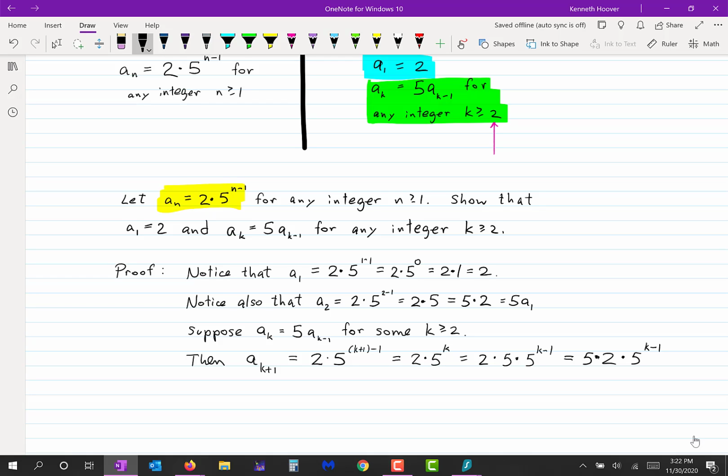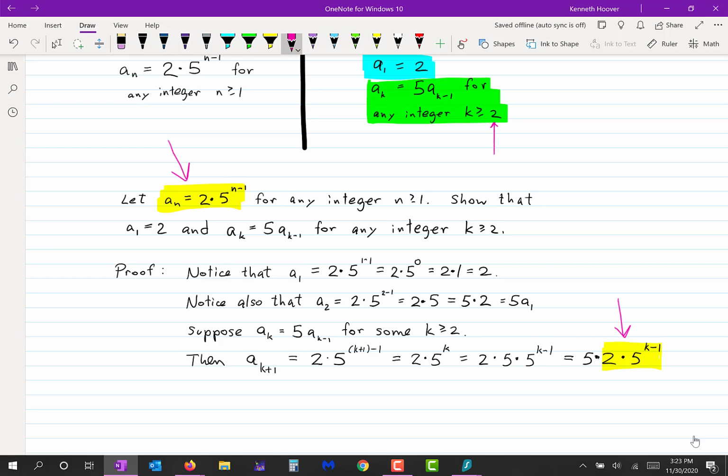Here's the reason I did that. I want you to look at just this part, 2 times 5 to the k minus 1. And also look at this formula that we have right there. 2 times 5 to the n minus 1 is a sub n.